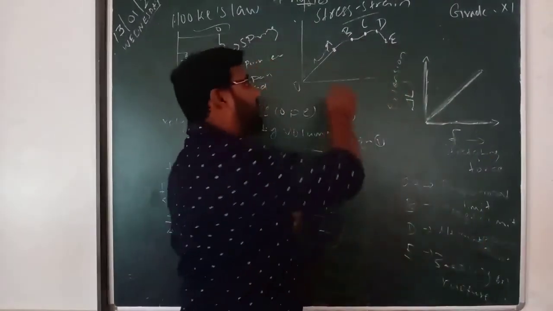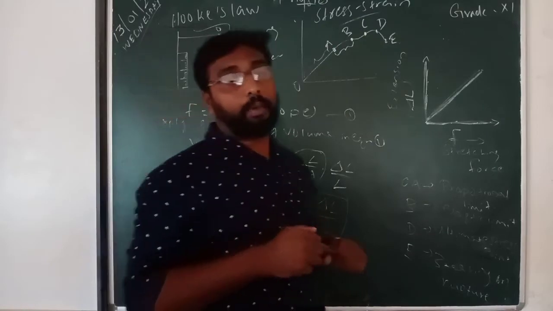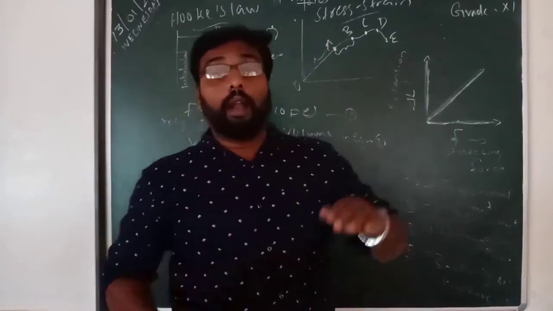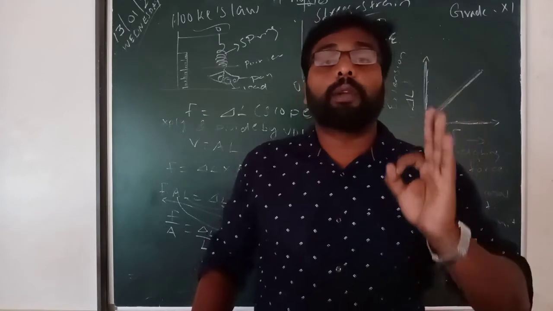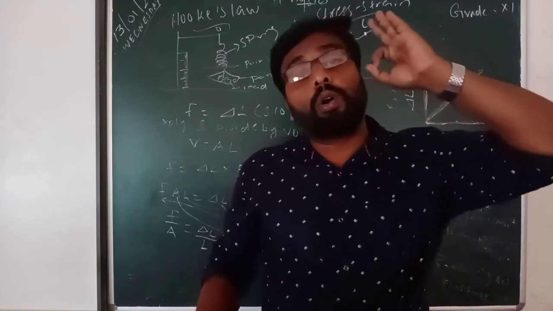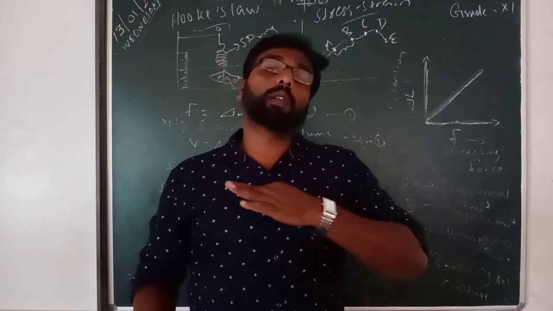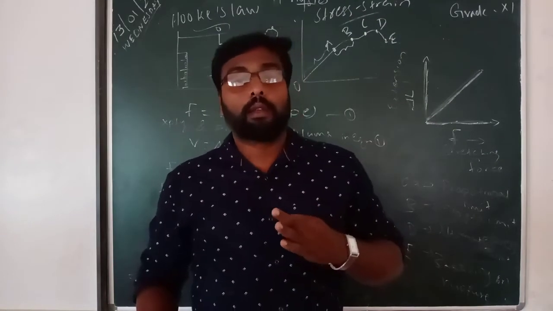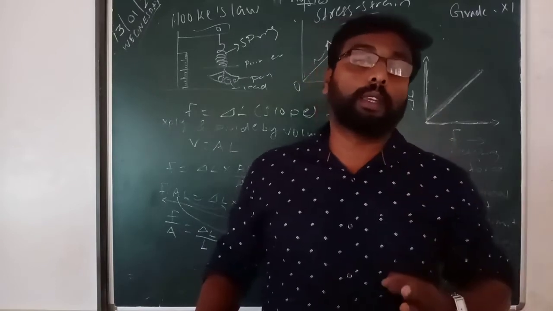And the next part, AB. Portion AB, what will happen? The point A is the limit of proportionality. Beyond that A, what will happen means Hooke's law is not valid. Stress and strain are not directly proportional to each other.